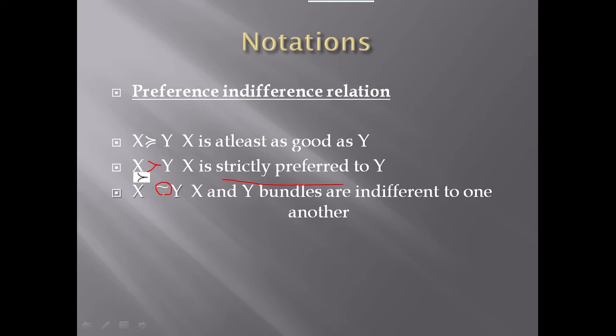Both bundles are indifferent to one another, meaning both bundles give the individual the same level of satisfaction. Therefore, the individual or consumer is indifferent between X and Y. Here, the consumer preferred X, then Y.